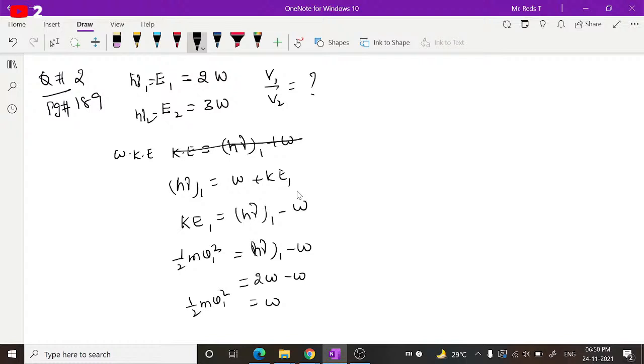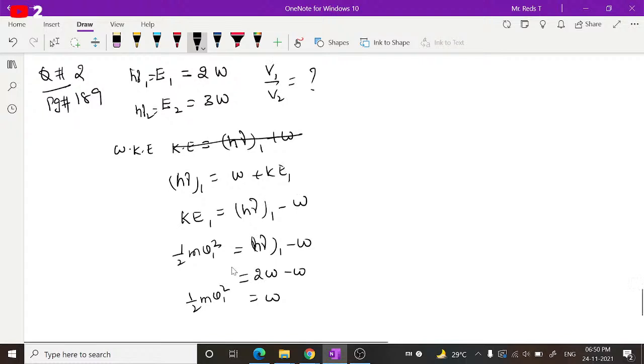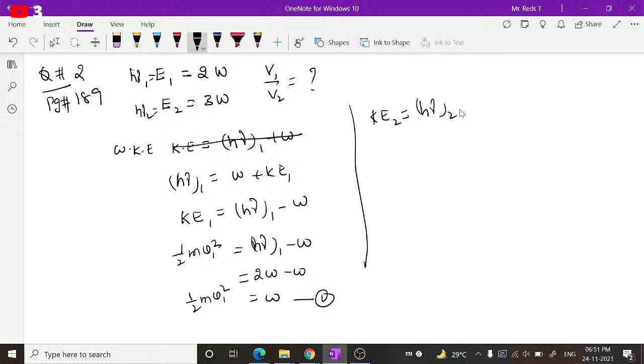In this particular case, half m v1 square is W. Let's take this as equation 1. Whereas in the second case, the kinetic energy of the second photoelectron is h nu two minus W. It is 3W minus W, which is 2W. So it is half m v2 square.